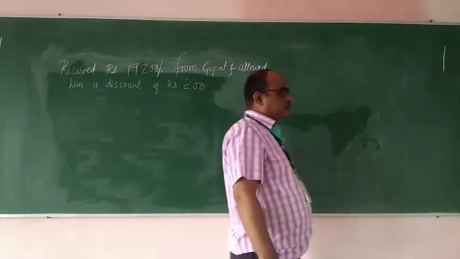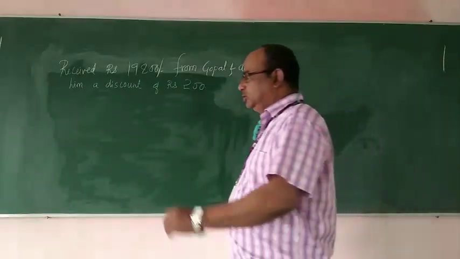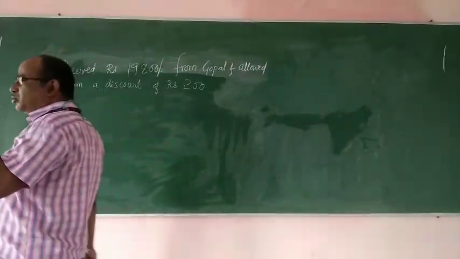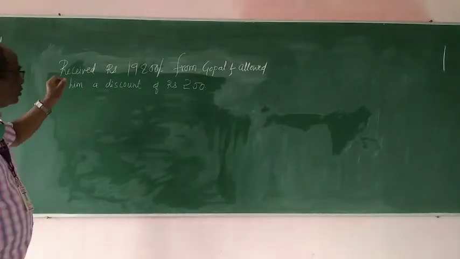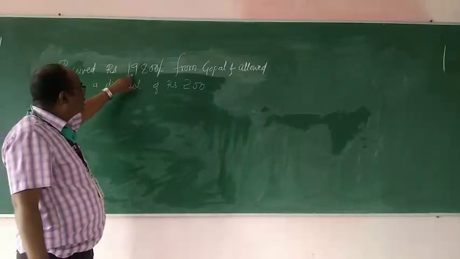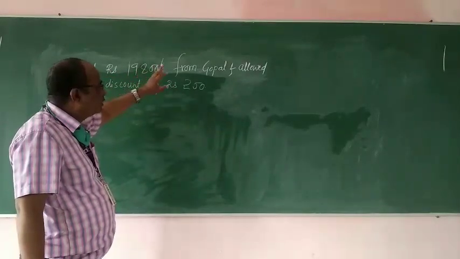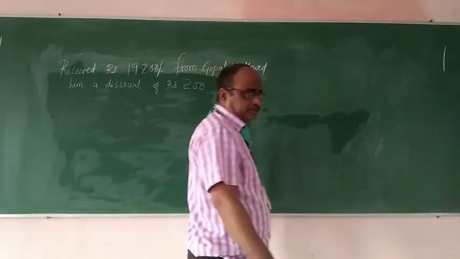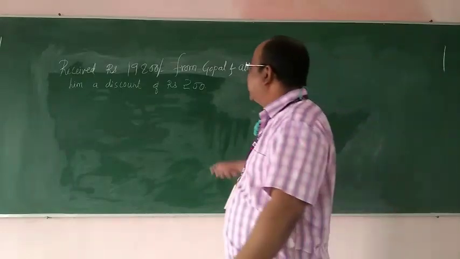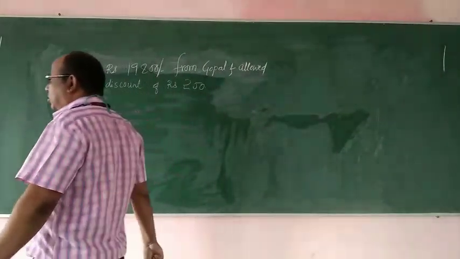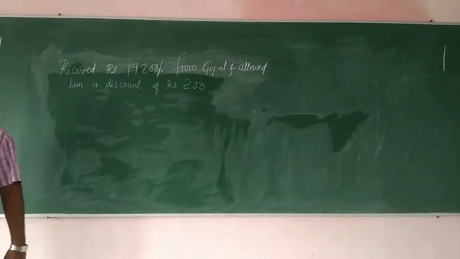200. So if you interpret the transaction properly, you will come to know that you are supposed to get 20,000 from Gopal. 19,800 plus 200 equal to how much? 20,000 from Gopal. And how much you are receiving from him? 19,800, because already you have allowed a discount of rupees how much? 200.